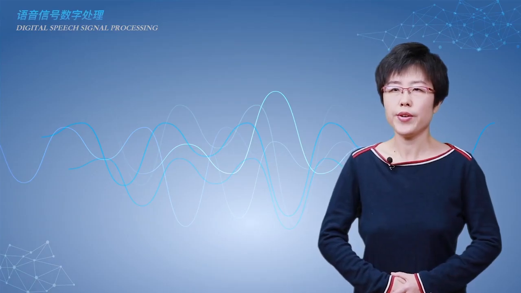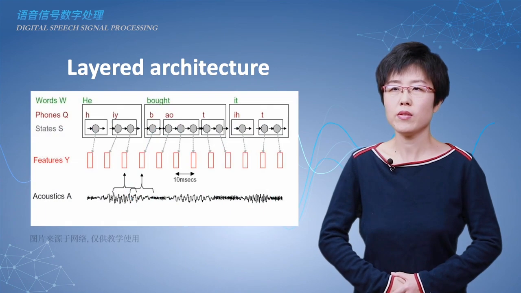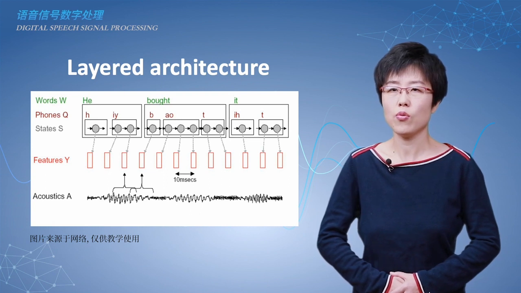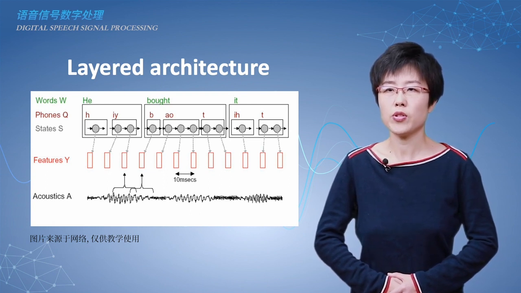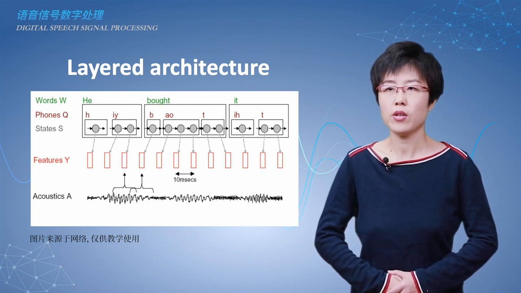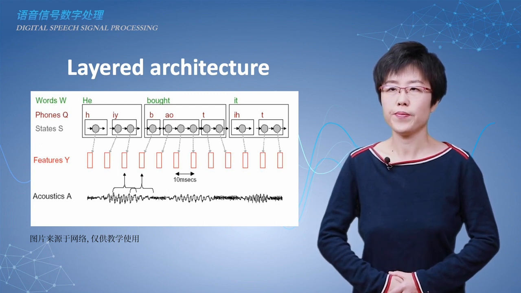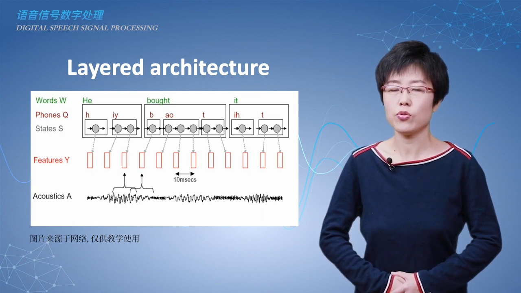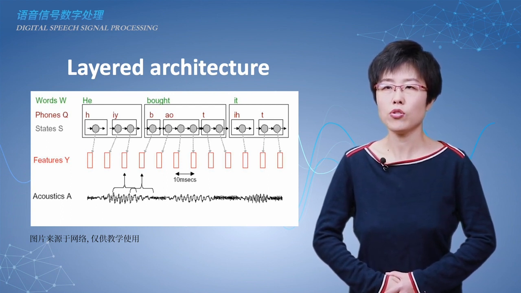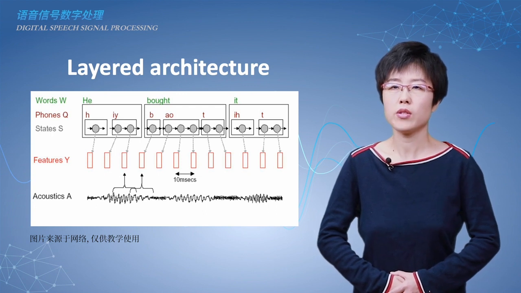From the view of layered architecture, the recognizer first converts the input acoustic signal waveform into speech feature vectors, and then estimates the possible states, phones, with acoustic model. The pronunciation dictionary is used to map phones to words. Finally, language model outputs the most possible word sequence or sentences.